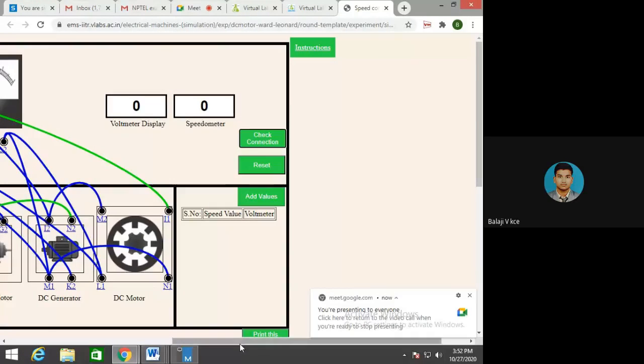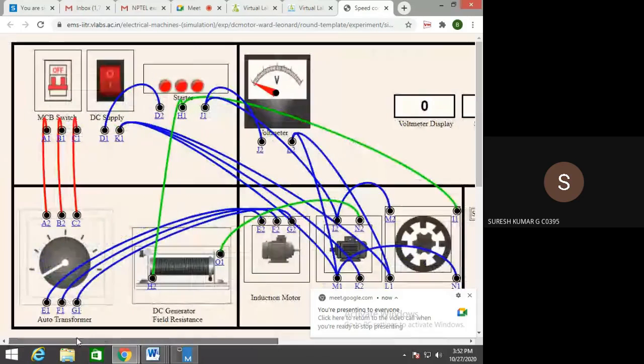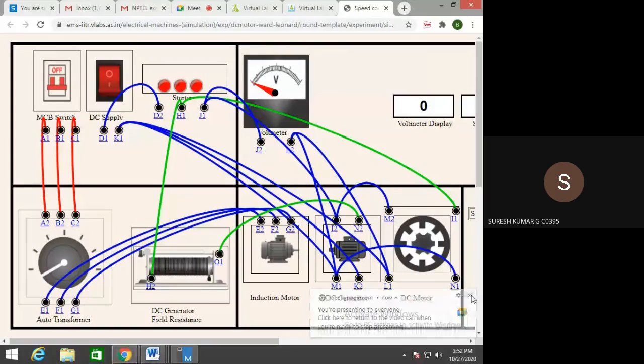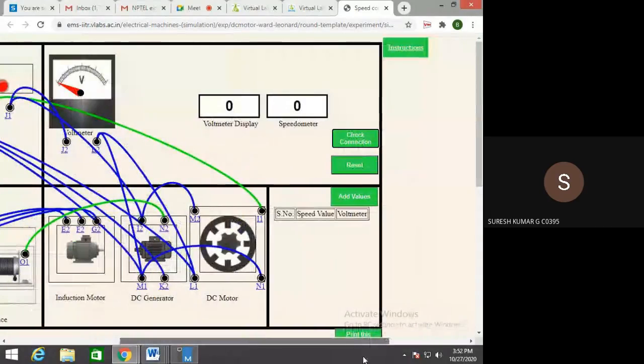Okay. So this is the circuit diagram as Balaji myself. So please follow this. Take a screenshot over there. Please post in the group also. Okay, sir. This is the thing.